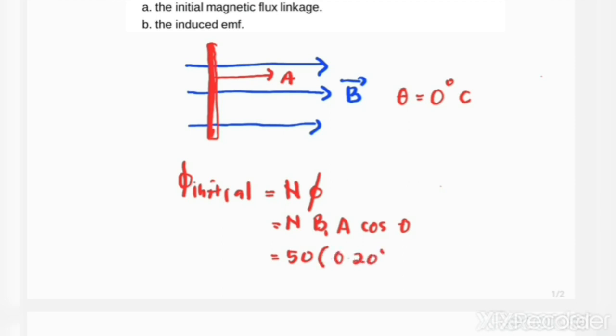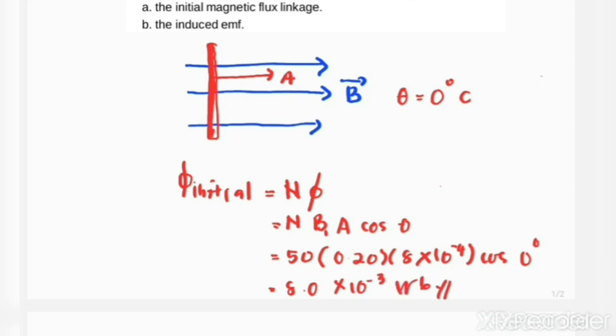By substituting the values, the number of turns is 50, the initial magnetic field is 0.20, the area is 8 times 10 to the power of negative 4, and theta is 0 degrees. Therefore, the initial magnetic flux linkage is equal to 8.0 times 10 to the power of negative 3 Weber.